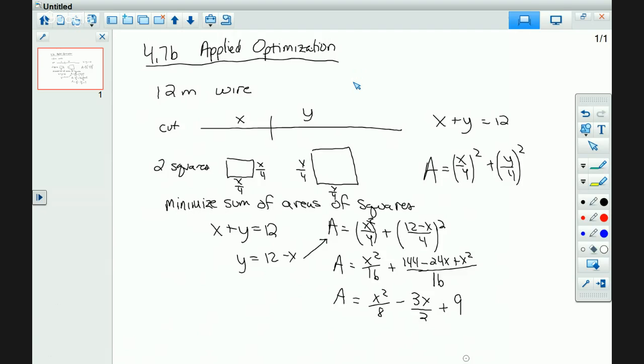Good. All right, derivative. 2x over 8. It's just a number. You can rewrite that as 1/8 x squared. So just the power rule. Bring the 2 down, subtract 1.